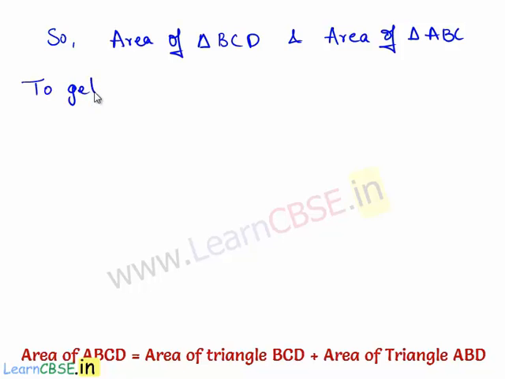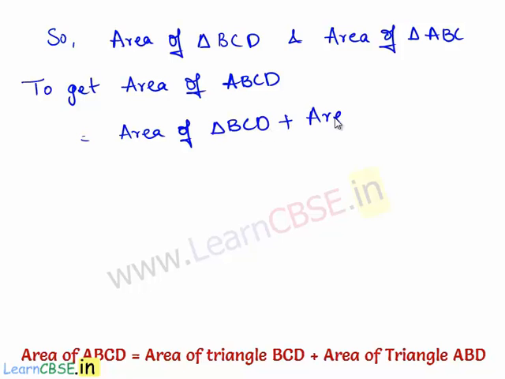To get the area of the quadrilateral ABCD, we add the area of triangle BCD and area of triangle ABD, as the diagonal of the quadrilateral BD divides ABCD into two triangles.